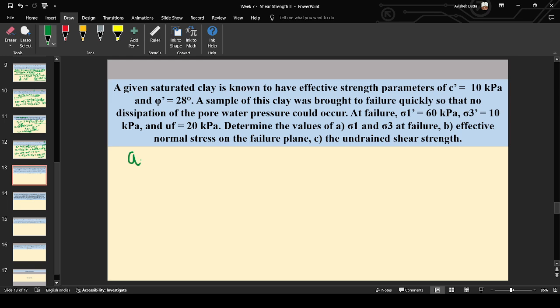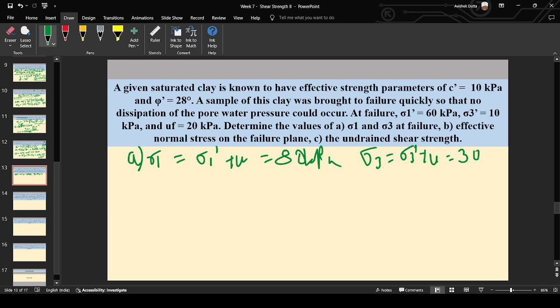For part A, sigma 1 equals sigma 1 effective plus u, the pore pressure, that is 60 plus 20 equals 80 kilopascal. Again sigma 3 equals sigma 3 dash plus u, that is 10 plus 20, 30 kilopascal. So part A has been solved.